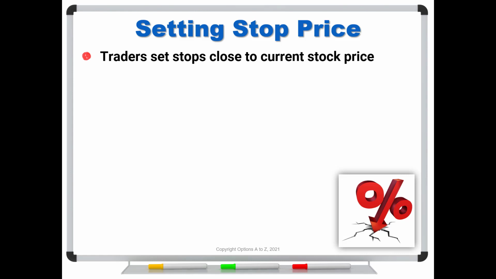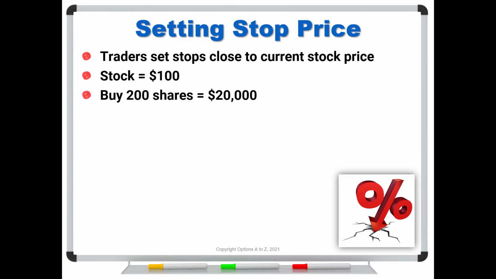So here's the way that they would typically go about it. Let's say that our stock is trading for 100, and they say, well, let me just buy 200 shares, and that's 20,000 bucks. They just pick some arbitrary amount of money, or the amount of money that they're willing to put into it. But then they say, all right, now I'm only willing to lose, let's say, 500 bucks. This willing-to-lose amount is always very small.